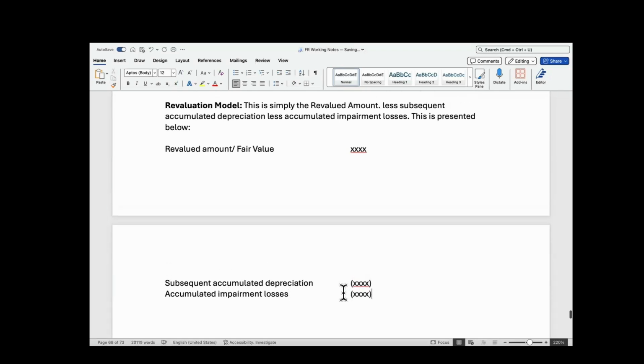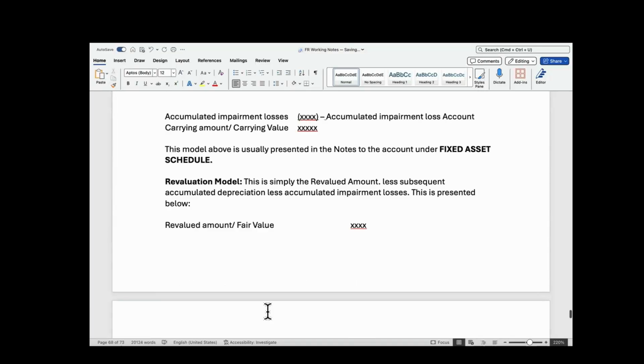So altogether, they give you the carrying amount or carrying value, or it could be the updated revalued amount as well in this case, but for consistency, let's call it carrying amount or carrying value.